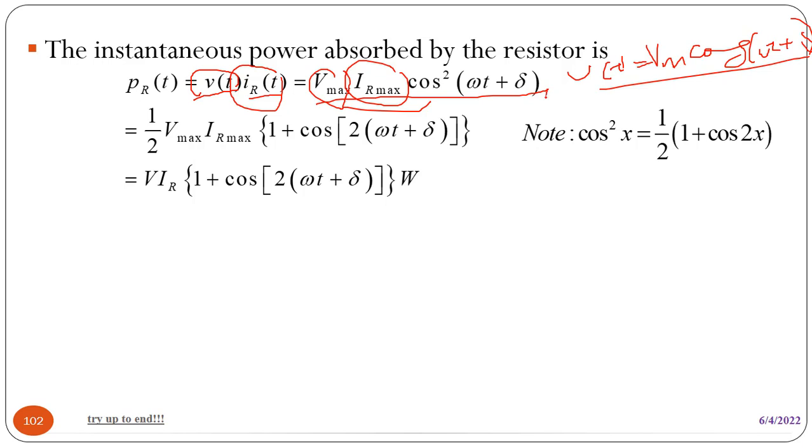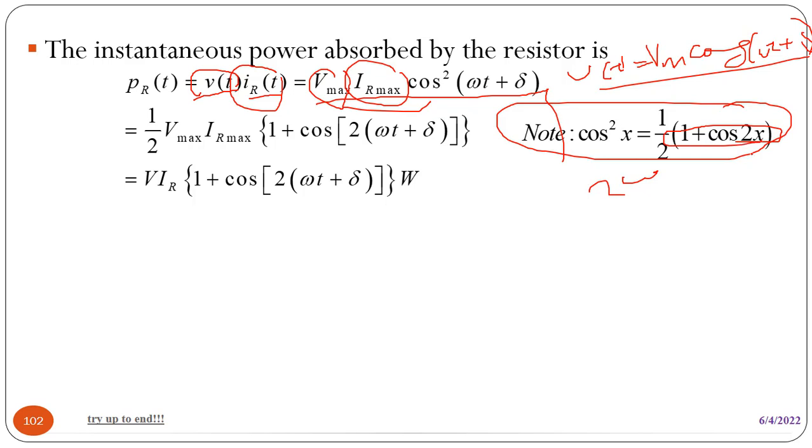Note that in trigonometric identities we have the double angle formula: 2 cosine squared x is equal to 1 plus cosine 2x. Therefore, by letting x be equal to these values, cosine squared x is equal to half times 1 plus cosine of 2x.